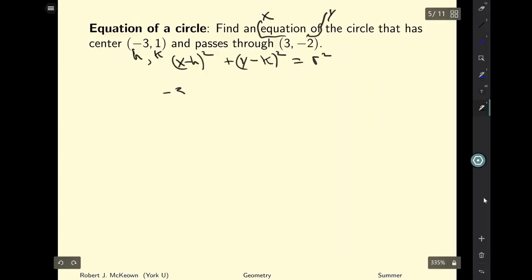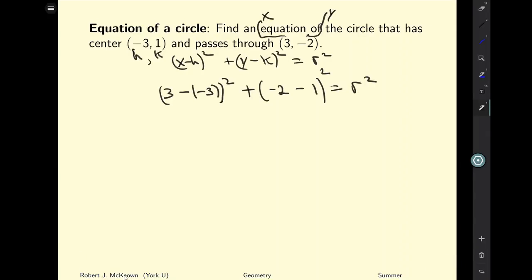When we do that, we get 3 minus -3 squared plus negative 2 minus 1 is equal to r squared.